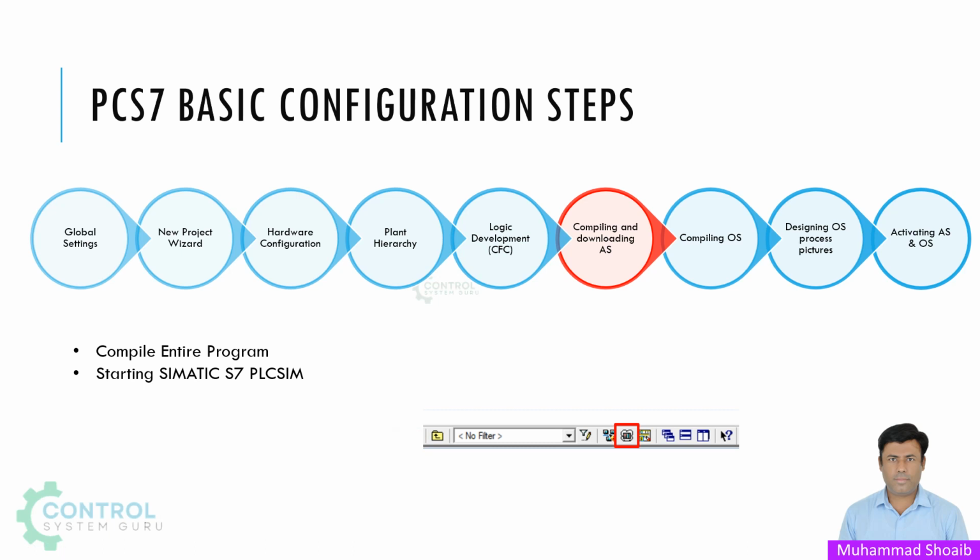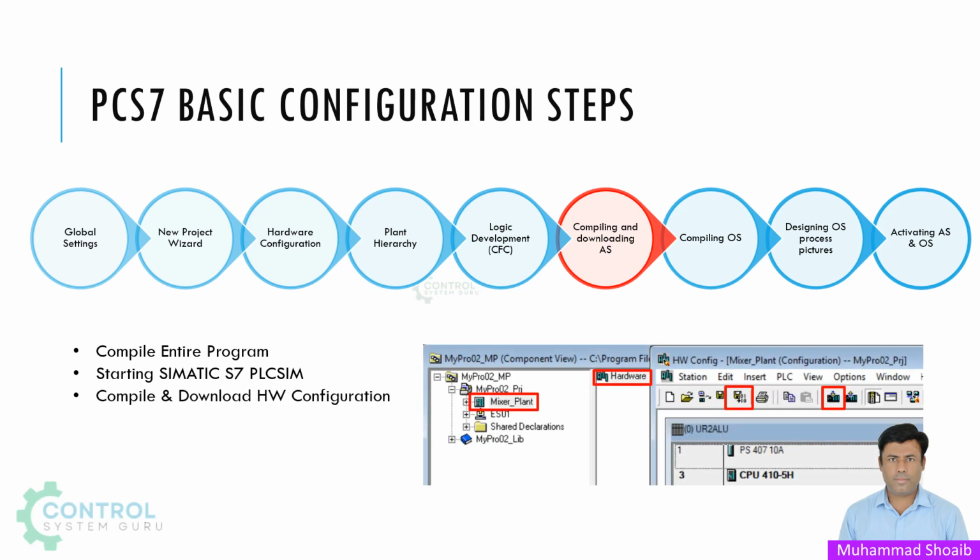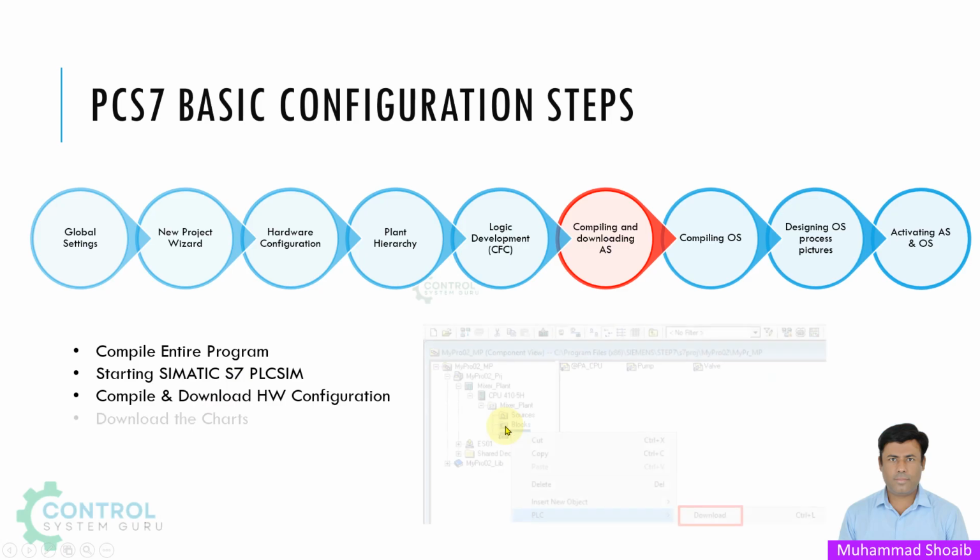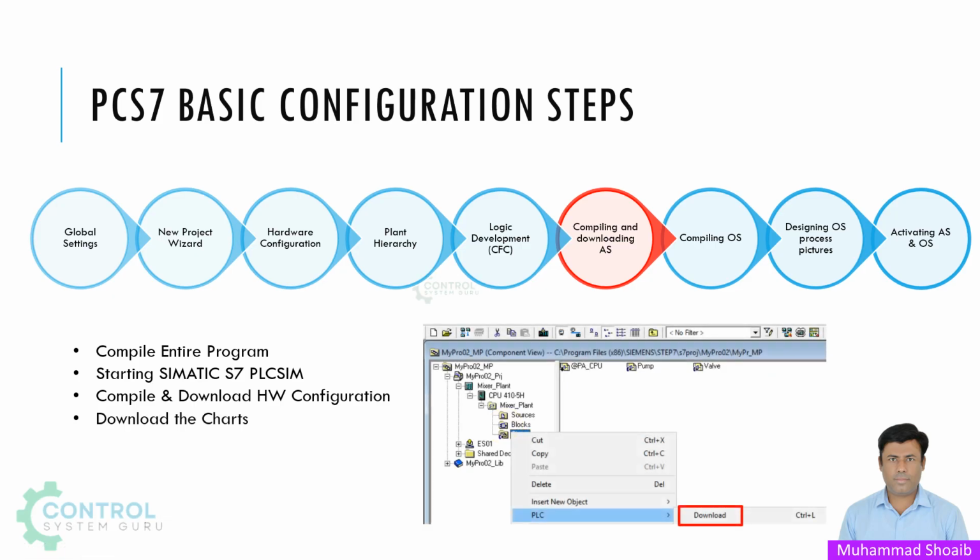Then we'll start our PLC sim, and after that we will compile our hardware configuration and download it into the controller. And after that we will download our charts into the controller.